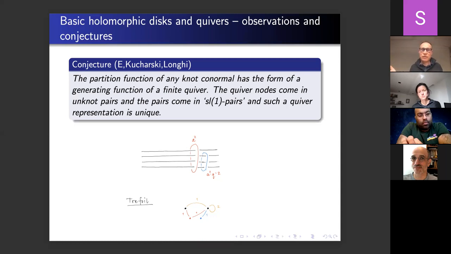We don't really have any direct way of reading this off, but where it should come from geometrically is the following: I believe you take this conormal of the knot, and you can put it almost like a multiple cover of the unknot conormal, right? You braid the knot around the unknot, the conormal lies very close.